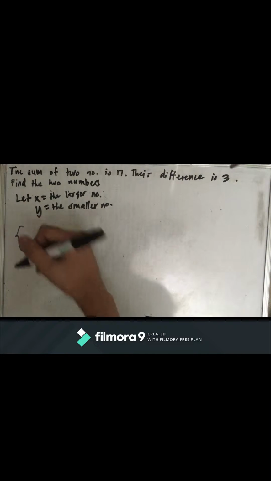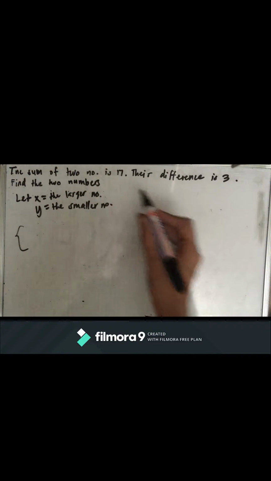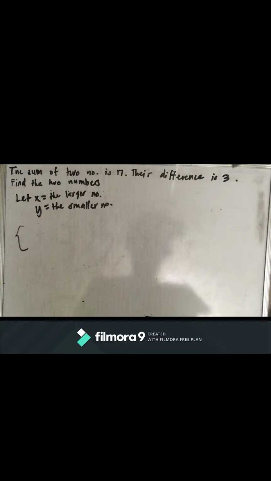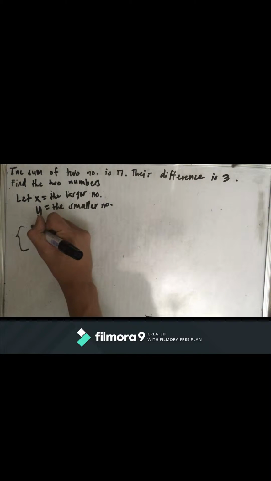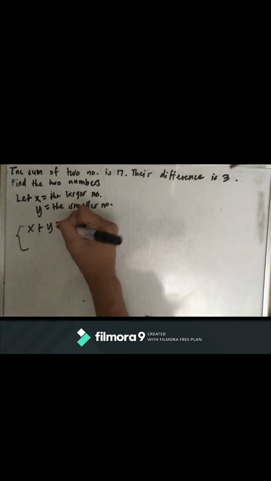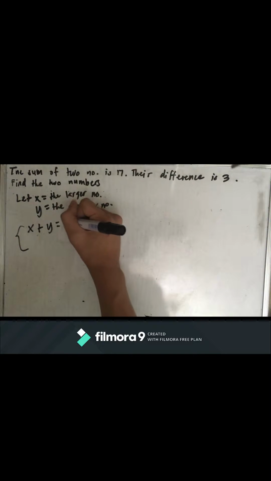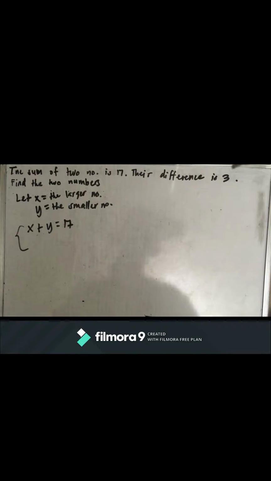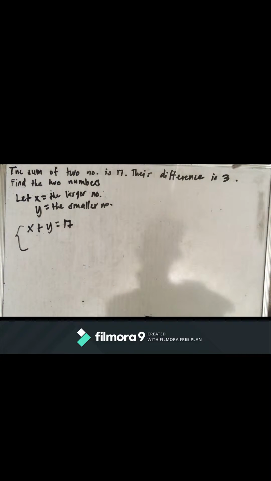So the sum of two numbers is 17. So this will be addition because it's sum. So there are two numbers. So let's use our representation x and y. So the sum, so x plus y, and their sum is 17. So that will be our first equation.